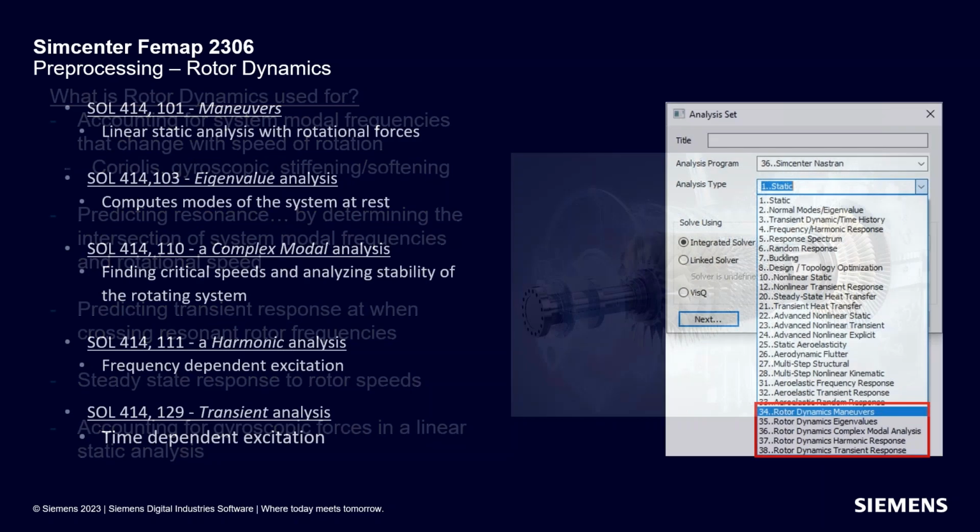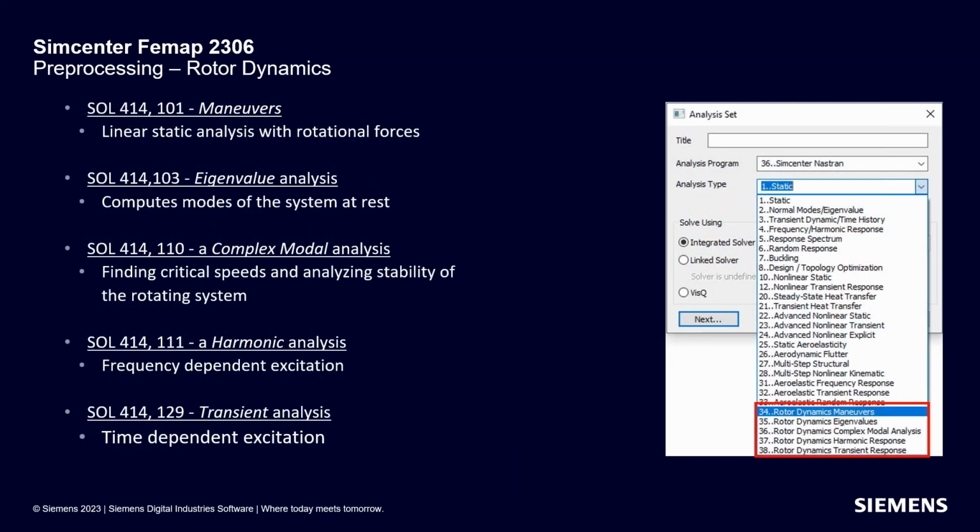So then you can also look at the steady state response and then account for gyroscopic forces in a linear static analysis. So what does that specifically mean in Femap and Astron? There are 5 new solutions available. There is maneuvers, which is basically a linear static analysis accounting for the rotational forces, i.e. Coriolis, gyroscopic, that type of thing. And then there's also the eigenvalue analysis, which computes the modes of your rotor system at rest.